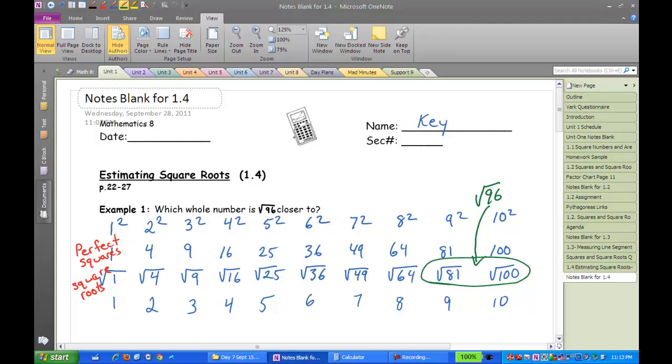Well, would you say 96 is closer to 81, or is it closer to 100? In this case, 96 is closer to 100. Therefore, the square root of 96 is going to be closer to 10. All right? That's just basing it on what we know.